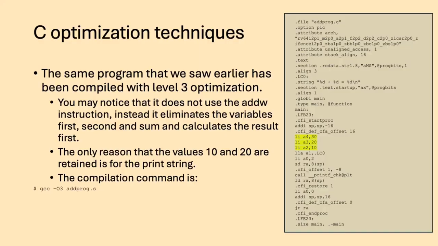It is important to note that the optimized code may be harder to debug since it has performed optimization that may be more difficult to spot, since for some of the instructions there is no longer a one-to-one correspondence. These optimization techniques are known as constant folding and copy propagation.